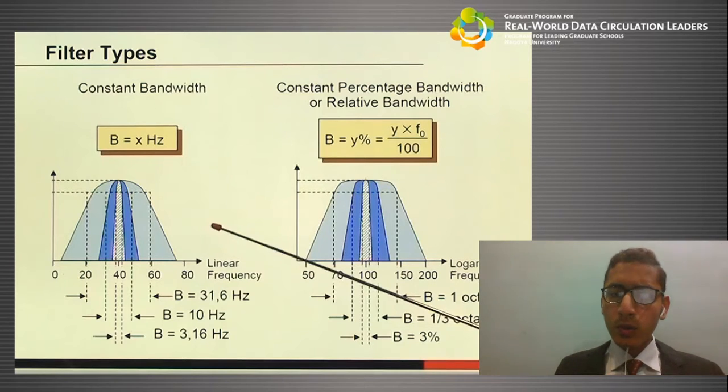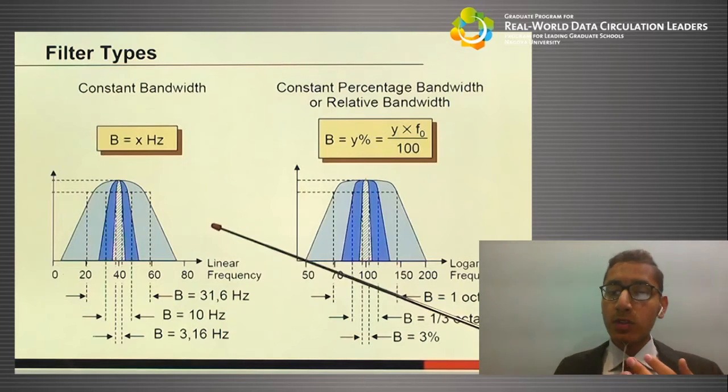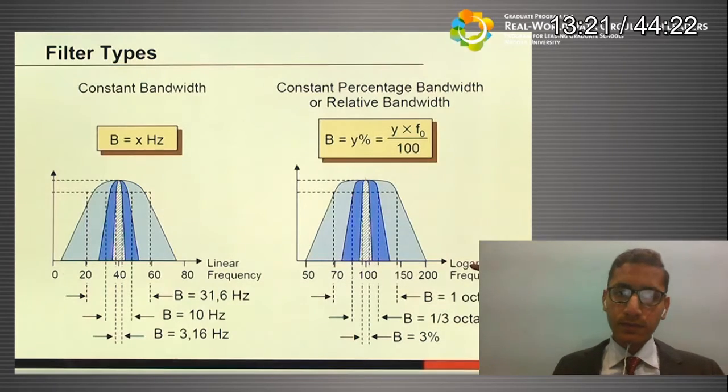Now, here we have a given bandwidth that is kept constant, and from there we choose the area under the curve. But in the logarithmic frequency, we use percentage or the octave system. Here we see 3% or 1/3 octave or 1 octave. We use that area under that curve, the shaded region.